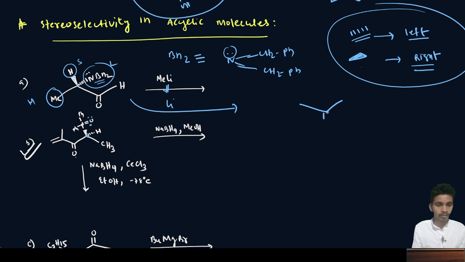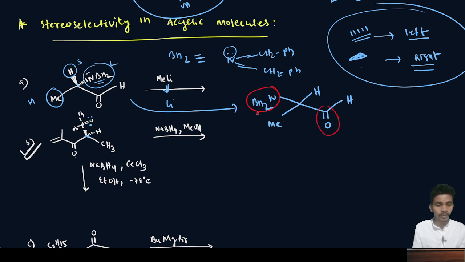So for this carbonyl group, this is H, and this is methyl. Left means this NBn2 is on the left, and this is the right. Now the large group has to be seen to the carbonyl group, so I want it here.